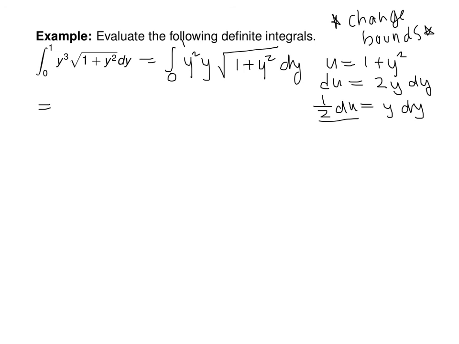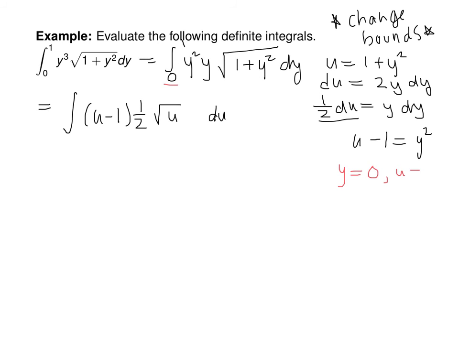Now that y squared, you take the substitution and you'll see that u minus 1 equals y squared. We'll leave the bounds off for now, but we'll come back to them in a second. So the y squared is replaced by u minus 1, the y is replaced by 1/2 du, and the 1 plus y squared is replaced by u, so square root u. Okay, now, first of all, if y is equal to 0, using your substitution, translate that into a u.